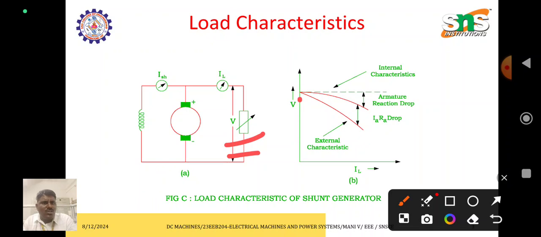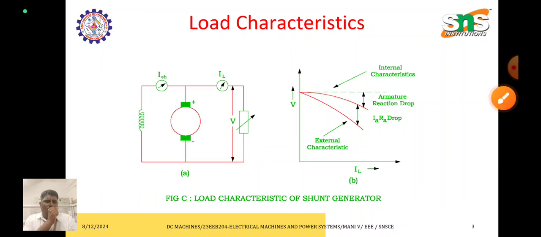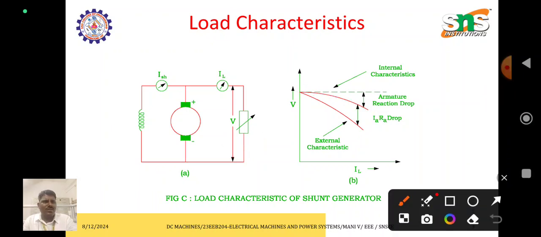Once the loads increase, the load current, the current taken by the load, increases. So the voltage gets dropped. The first part of the curve is mainly due to the armature resistance, and the rest is mainly due to the load.